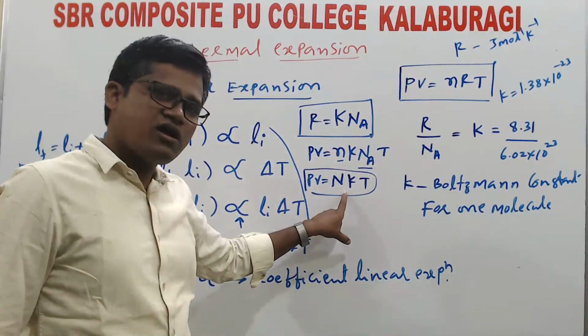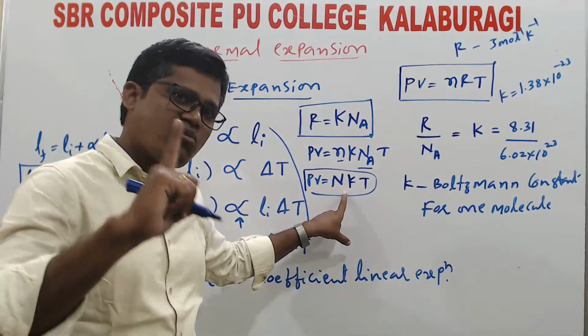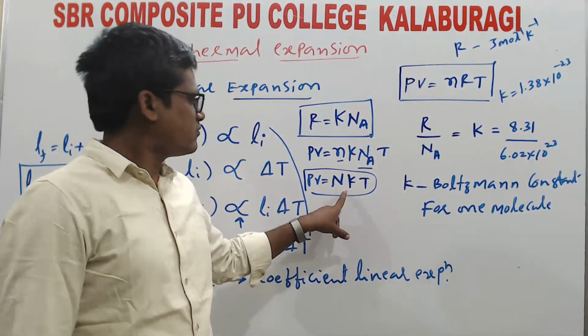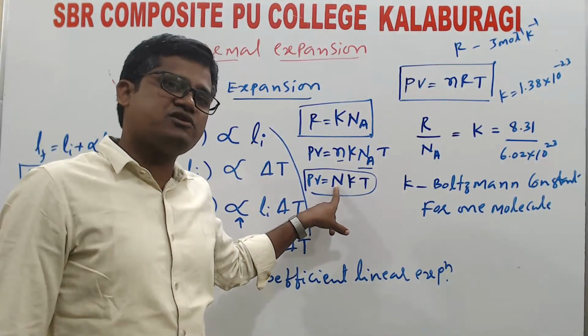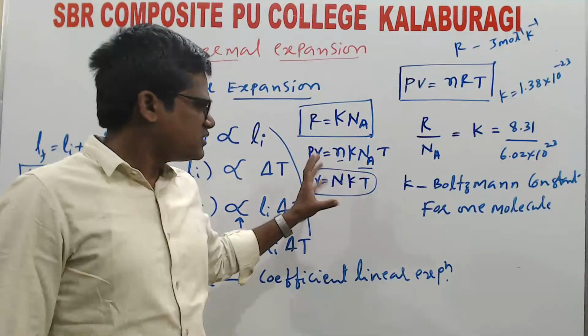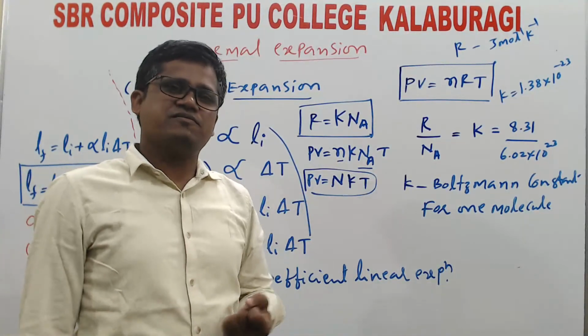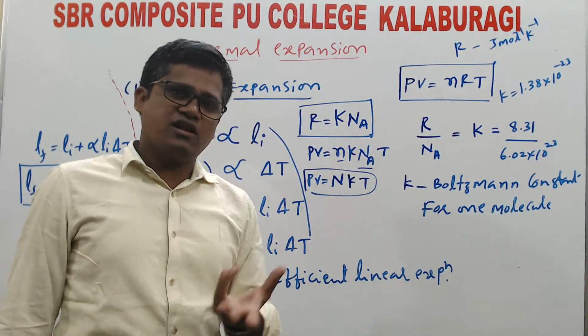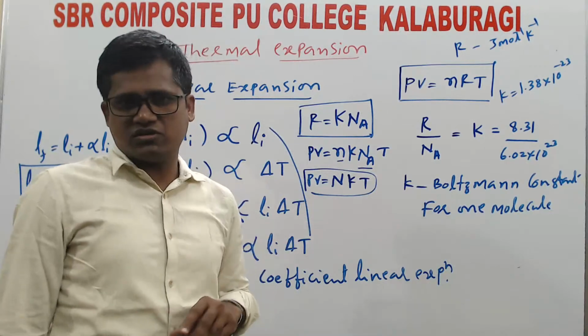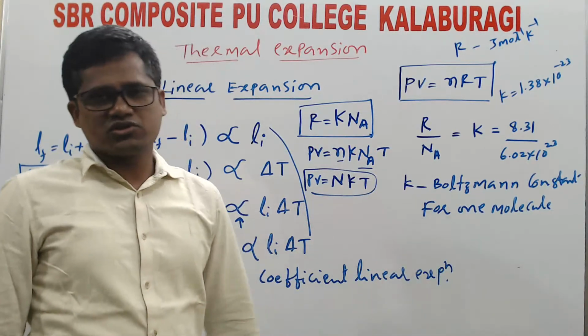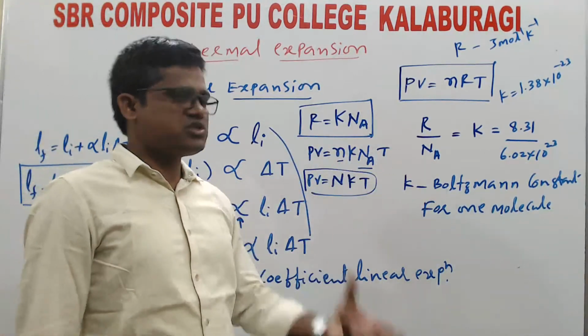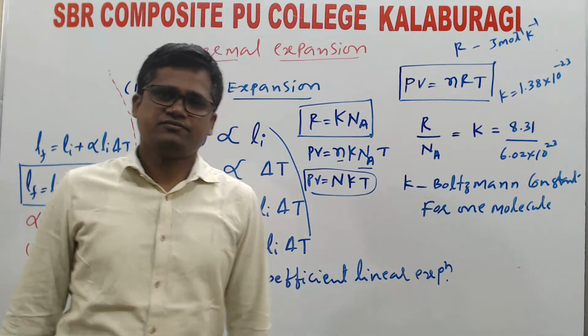Here K is the gas constant for one molecule, and N is the total number of molecules present in the gas. This is another form of the ideal gas equation. So different forms of the ideal gas equation will help in different situations. Circumstances will make you use one equation or another, right?